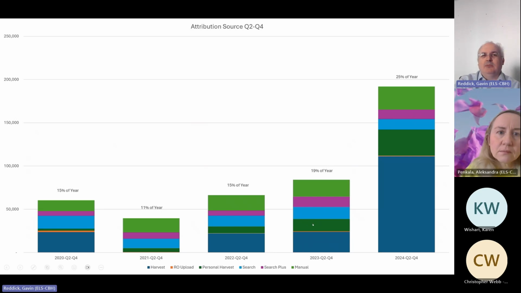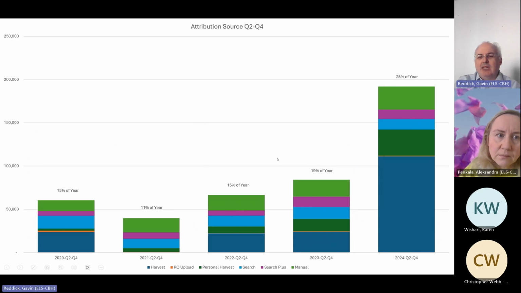So you can see increasing personal harvesting between 22 and 23, increase in harvesting, so quadrupling the amount in 2024, trebling the amount of the personal harvesting, while keeping the manual pieces roughly the same.